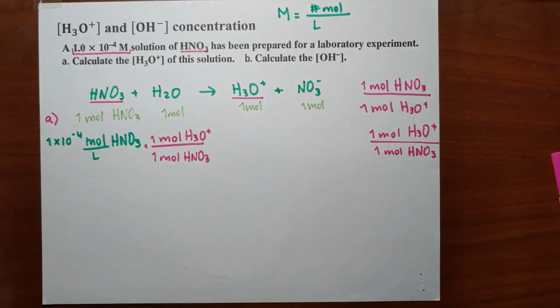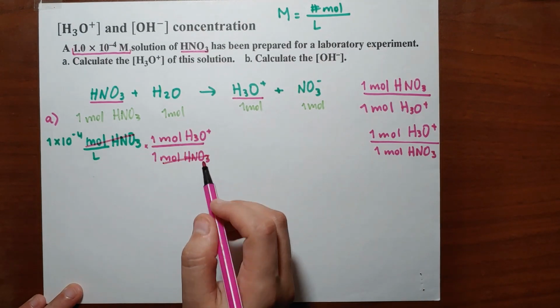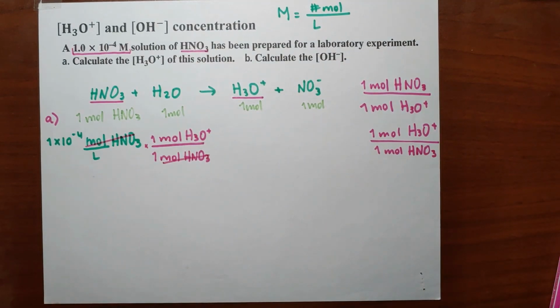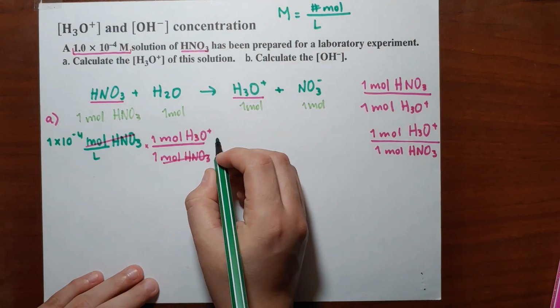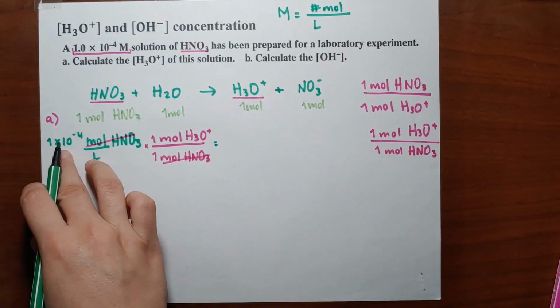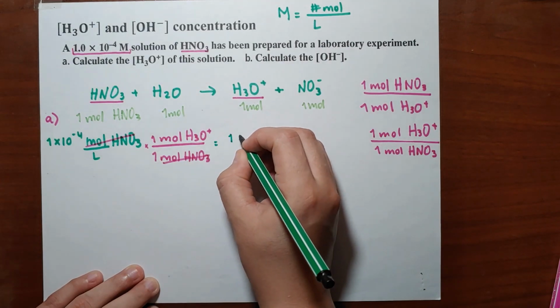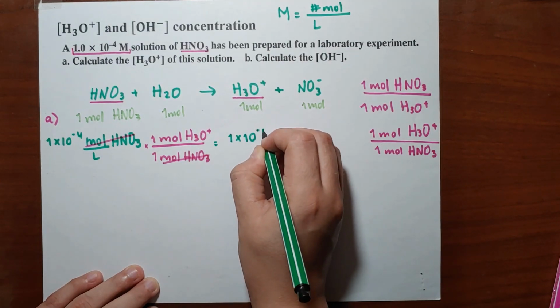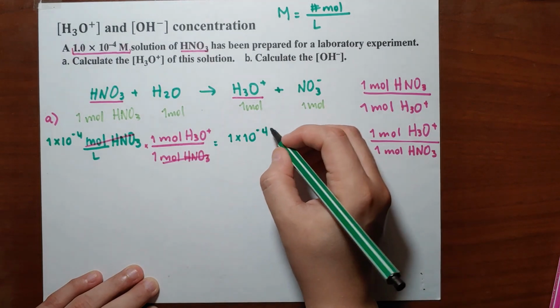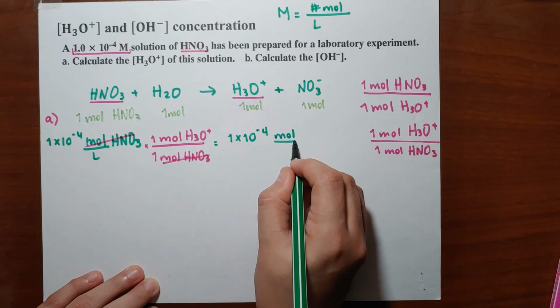Now this we can cancel. Okay, mole of nitric acid and mole of nitric acid are cancelled, so my concentration will be this times this divided by that, which is going to give you 1 times 10 to the negative 4 mole in the top, in the bottom liters.